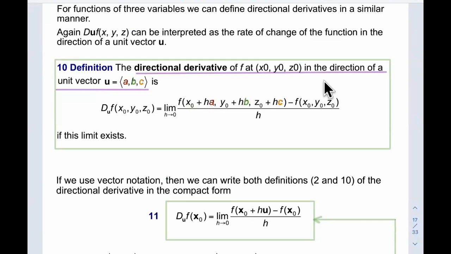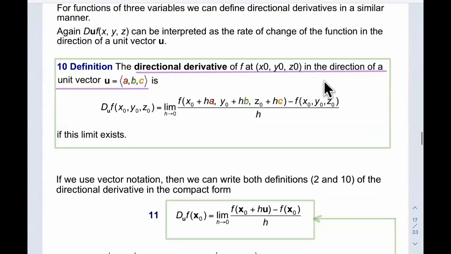Last time we had these two components, right? Now we just need to add one more component. So we have z naught plus hc. Remember this direction vector abc has three components, a, b, c, and you just put abc here. So you just add one more component to the definition. That's it.